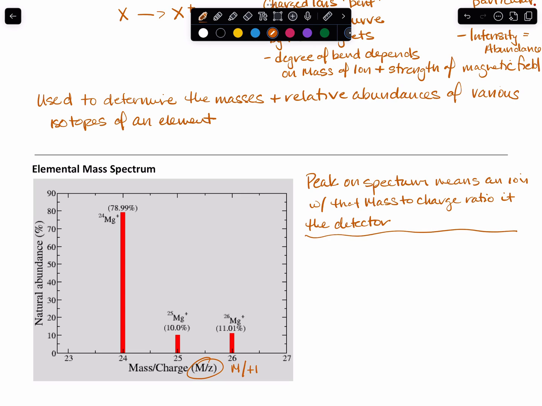All right, the height of the peak is proportional to the number of ions with that mass, which for us is the percent abundance.